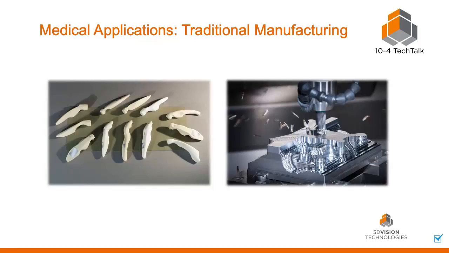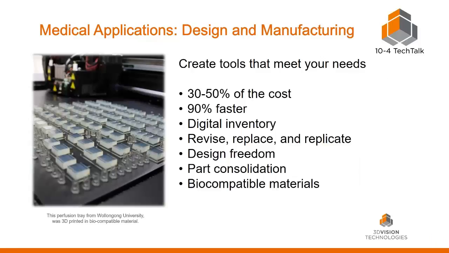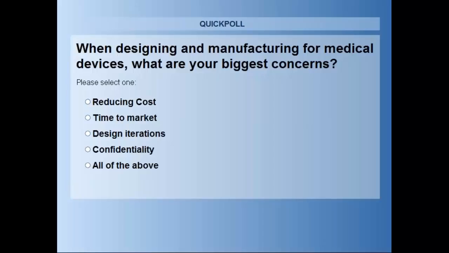Sure. And this is where 3D printing can really help out. So this is Wong University. I believe they're in China, and they were producing, and actually let's look at a poll first. When designing or investing in your processes, what are your biggest concerns? When you're investing, what are your biggest concerns about spending money on your processes?